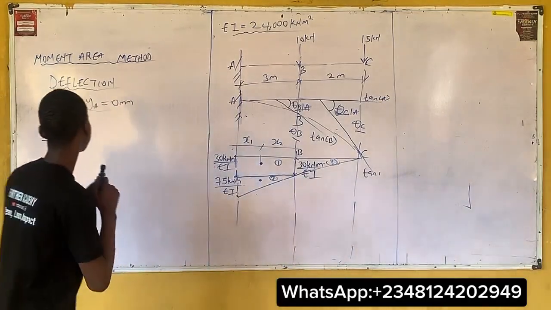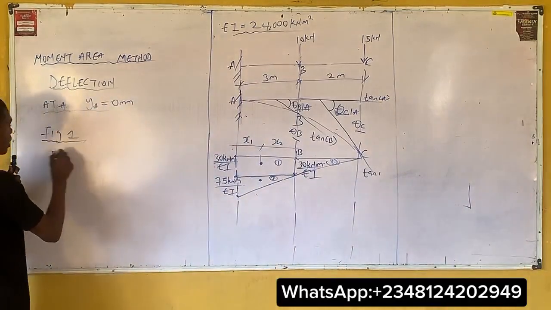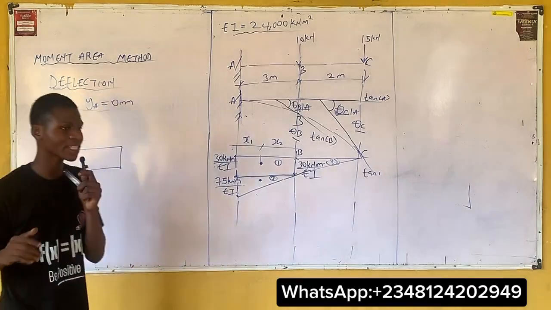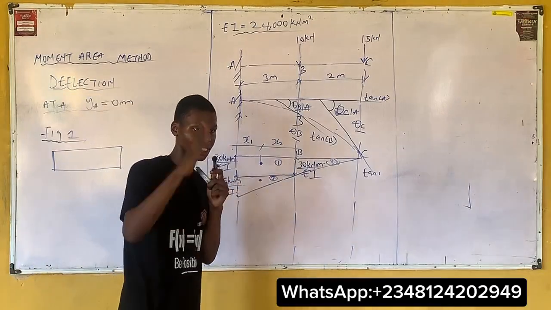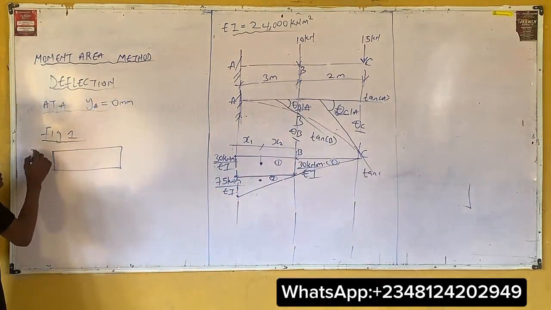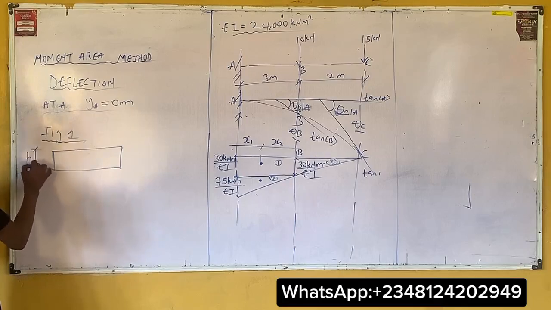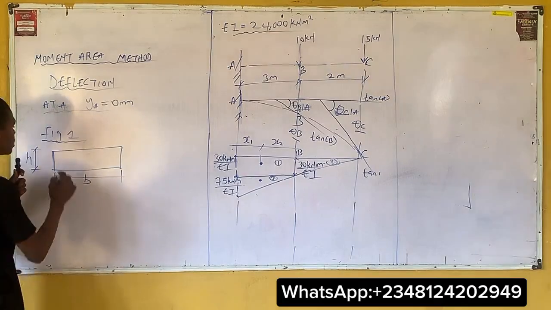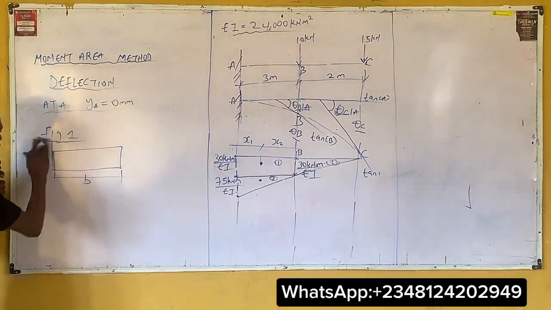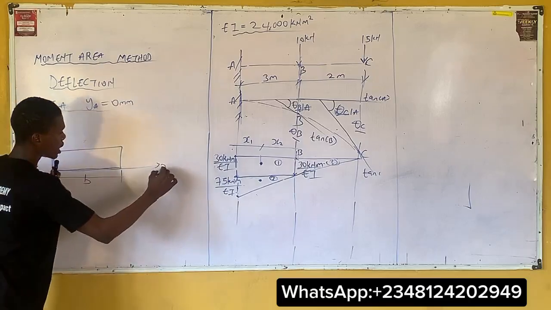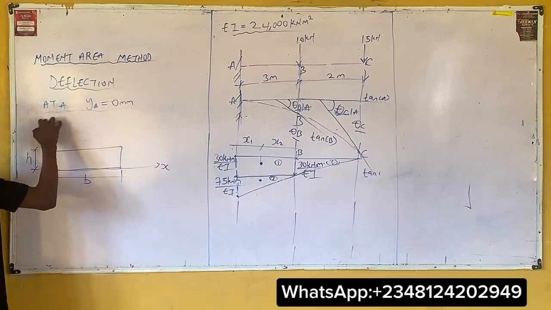For this first shape, when it comes to centroid, you can get the centroid in both the y-axis and the x-axis. Let's say this is your depth, h, and this is your breadth, b. Relating this to Cartesian coordinates, this is x and this is y.